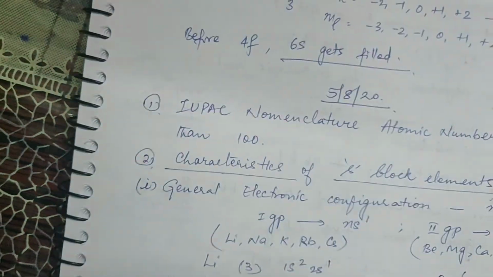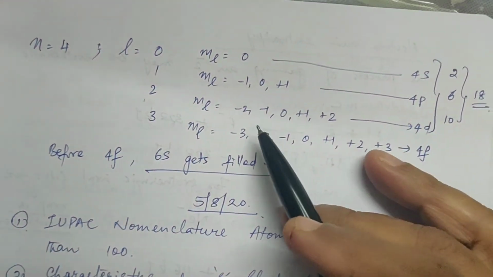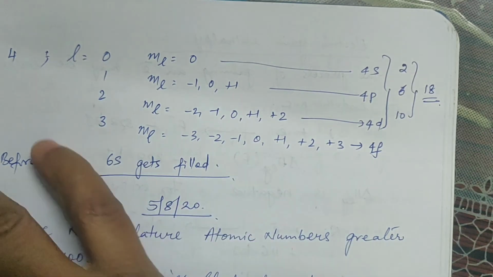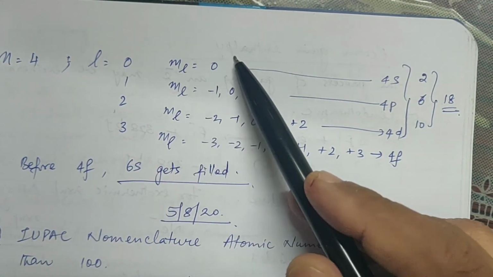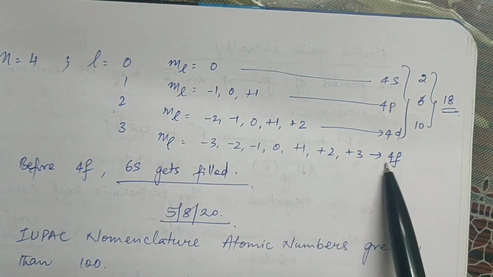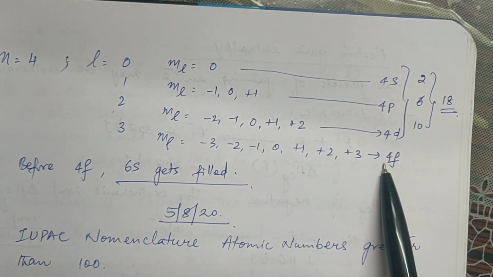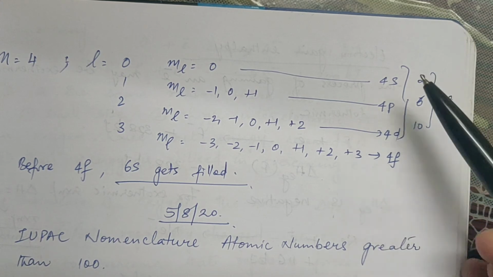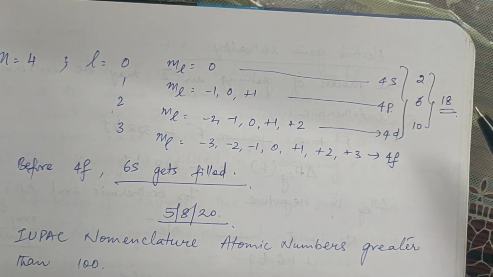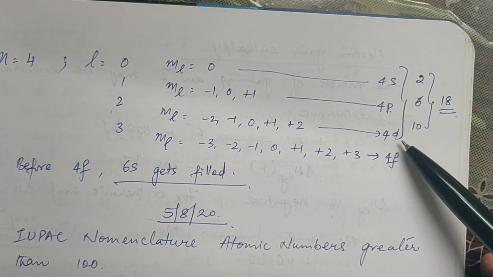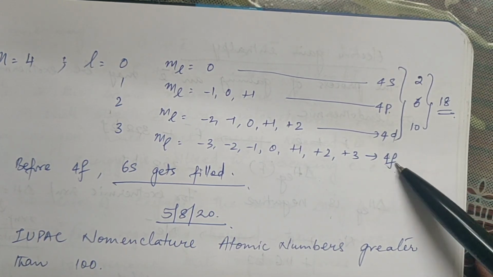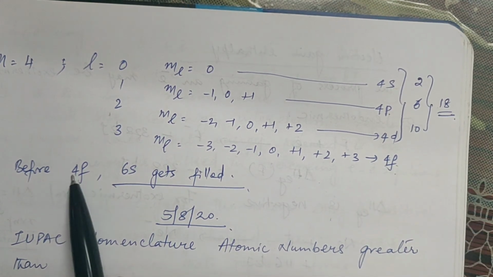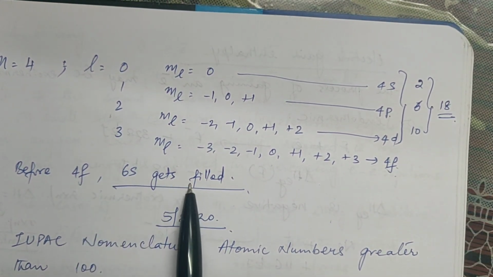How? Now in the case of fourth period, you have n is equal to 4, L is equal to 0, 1, 2, 3. Now corresponding ML values I have given. Now again here also 4s, 4p. Now this 4f is getting filled when, before 4f, 6s gets filled.